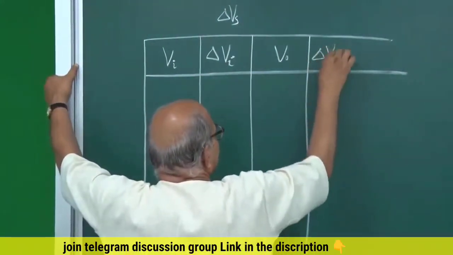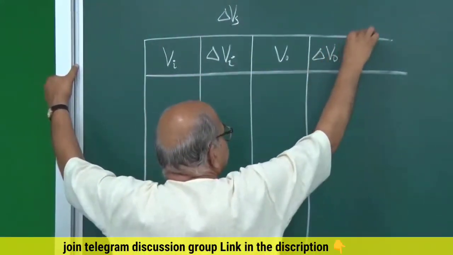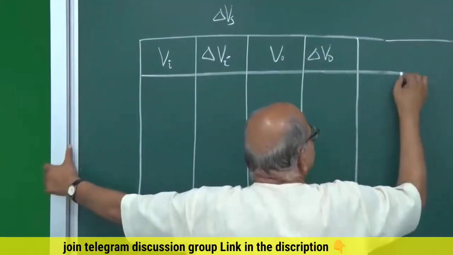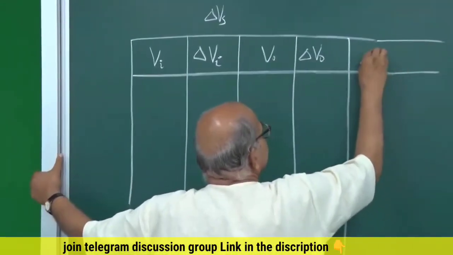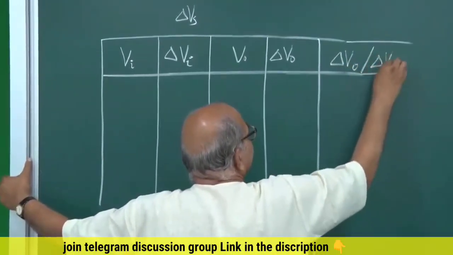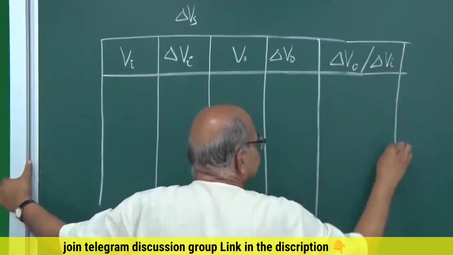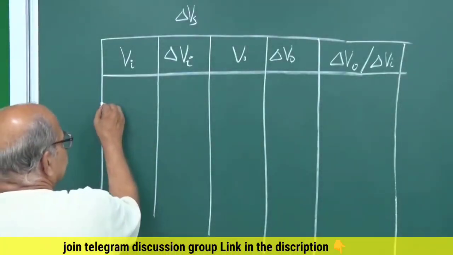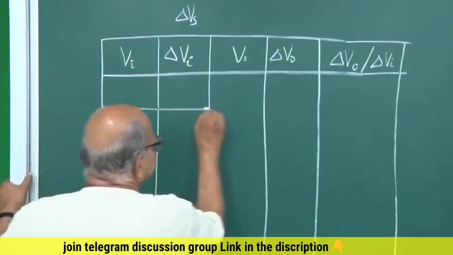That will be delta Vo, and then this will be our voltage gain, delta Vo divided by delta Vi. Different readings we will note in different rows.